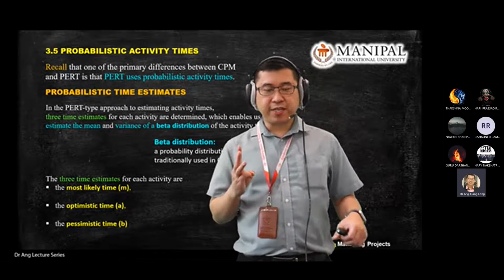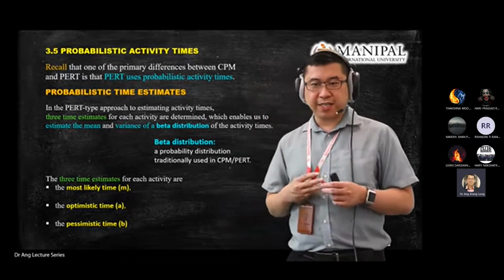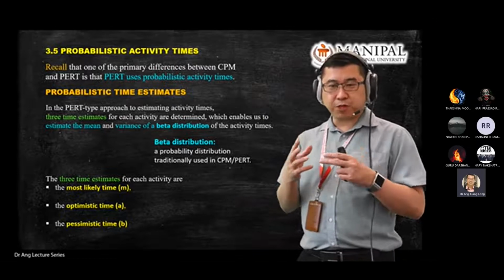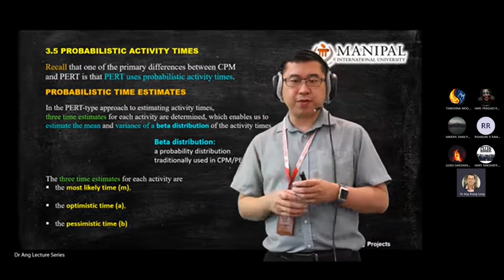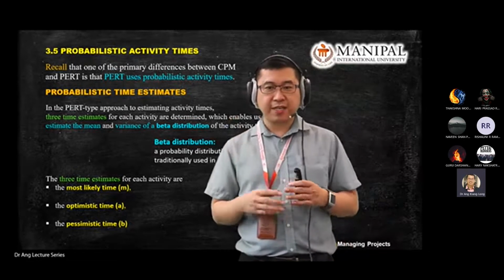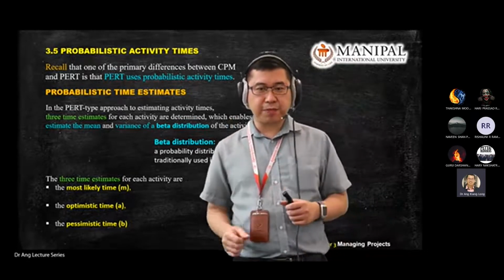We have three possibilities for completion time, or 3 possibilities when you talk about time. When you do a project, we talk about time, so there are 3 possibilities in time management.